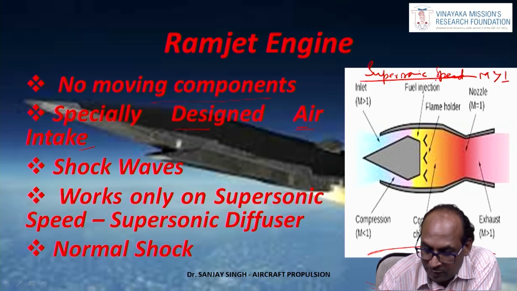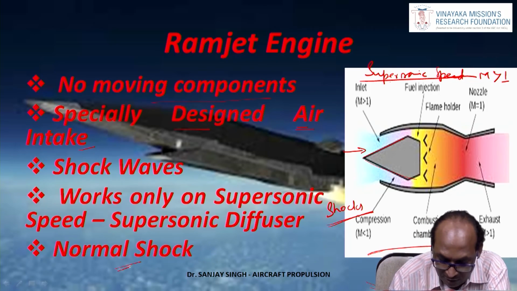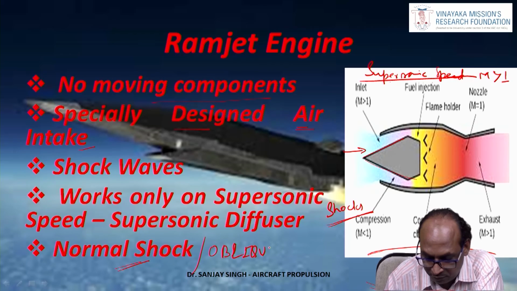At supersonic speed, when the air enters the air intake, some shocks are formed, which is called a normal shock. We have two types of shock: one is called normal shock and another is called oblique shock.